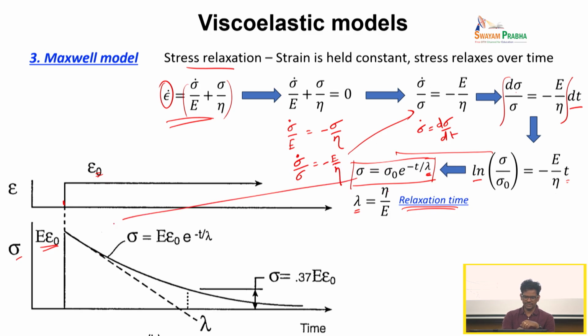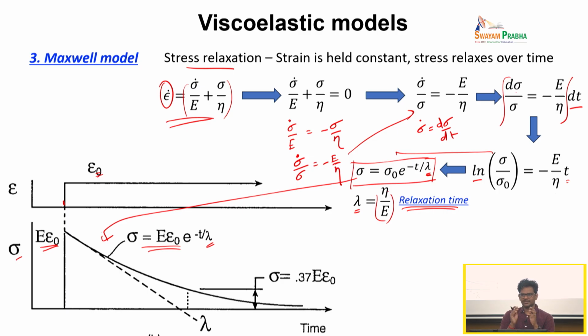This behavior follows this equation, which is exponentially falling. If you wait long enough, it will come to 0. So, the stress relaxation is captured by the time constant lambda, which is given by viscosity over the Young's modulus.